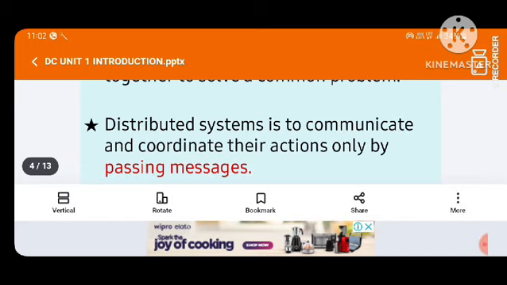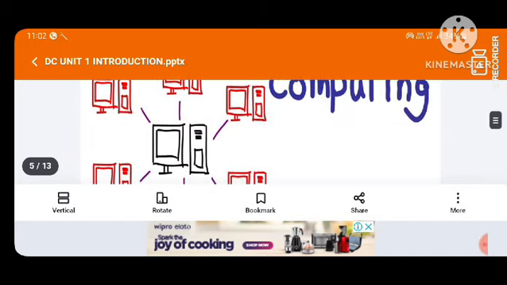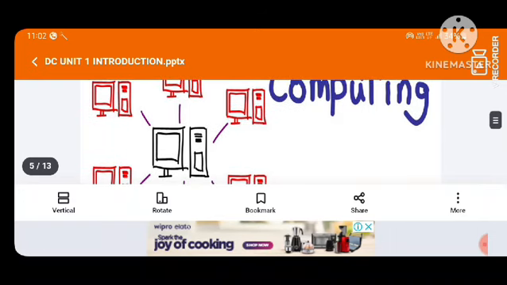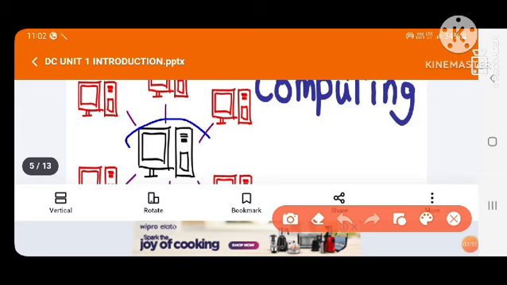So you can see here, so many systems are here. In this one, a particular server is here. So here one system, 2, 3 and then 4, 5, 6 systems are here.